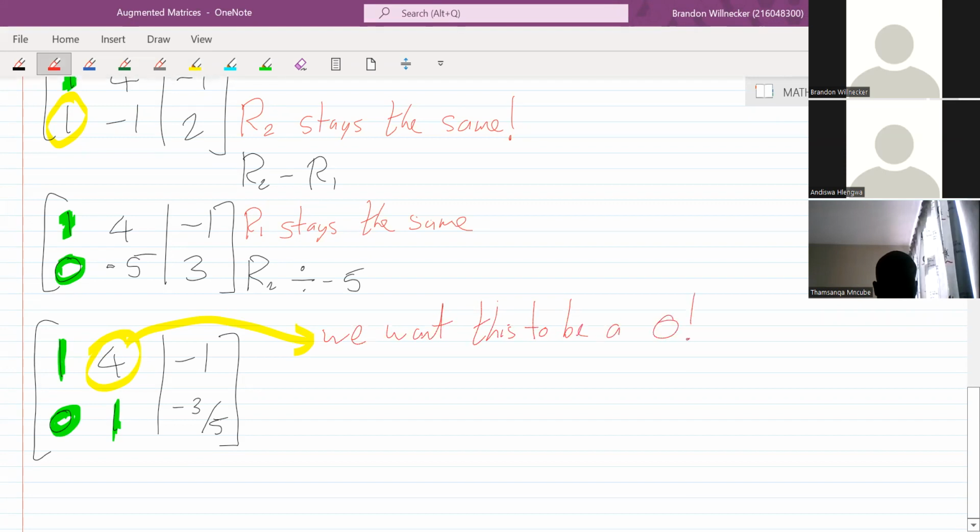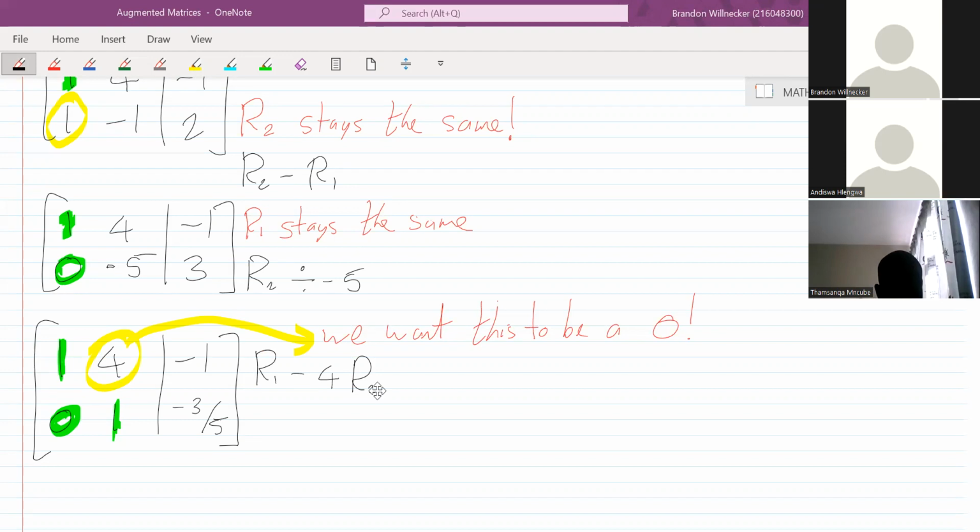Okay, so what can we do? Well, we don't want to change the 1, so we don't want to be dividing or multiplying by anything. But what we can do is take row 1 and subtract 4 times row 2. Row 1 minus 4 times row 2.